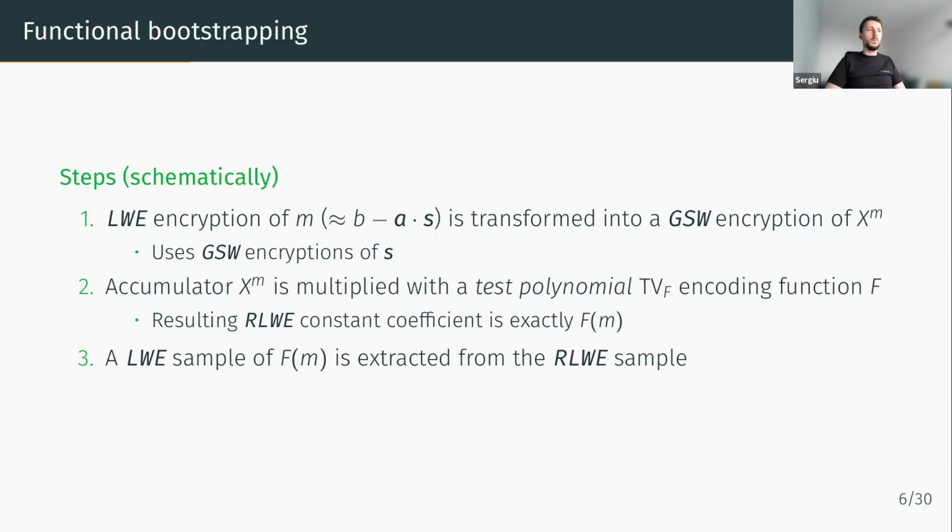So after this operation, you will obtain an RLWE encryption where the constant coefficient is exactly f(m). And finally, you extract from this ring LWE sample the constant coefficient, and you obtain the LWE output.